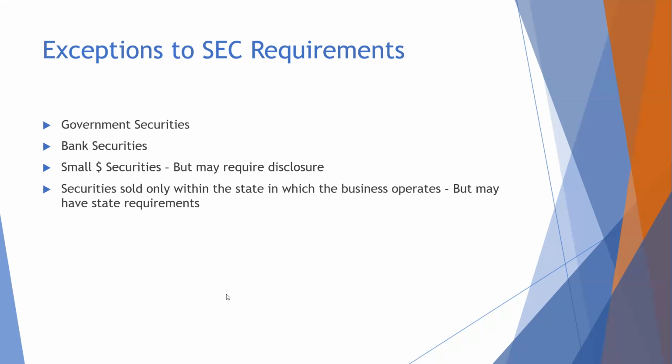They are exempt from SEC filing requirements. However, they may be subject to state filing requirements. So if you've got one of those small state securities, you may need to look to see what the state requirements are in filings for those publicly traded securities.